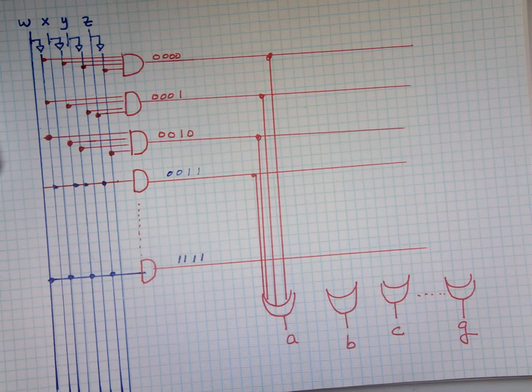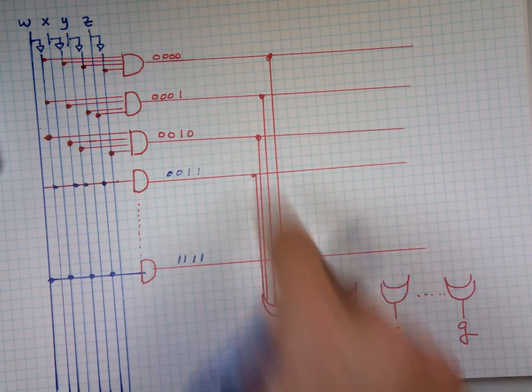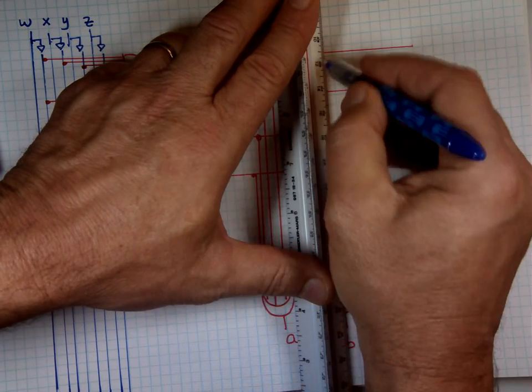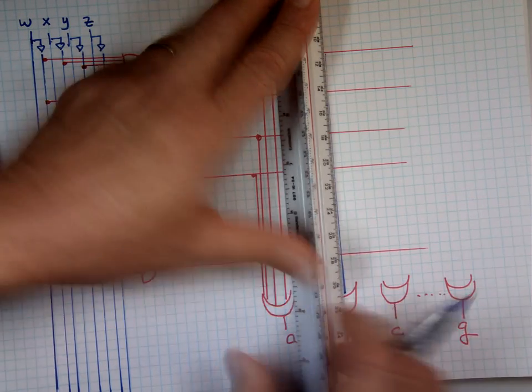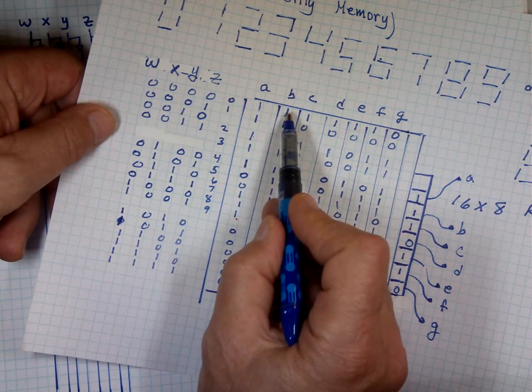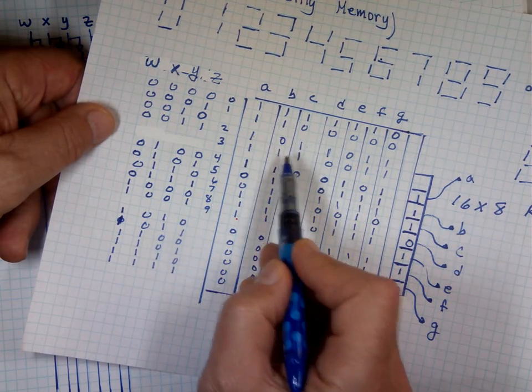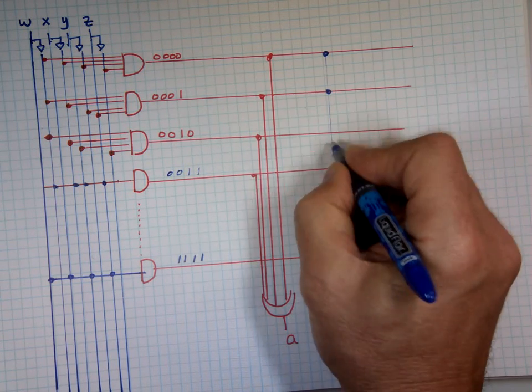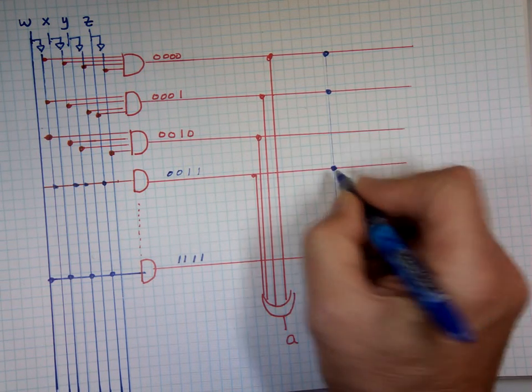And instead of drawing all these lines for B, we do one line this way. And we attach when B is 1. You want B to be 1. Here's B at 0, 1, and 3. And you make it one line.